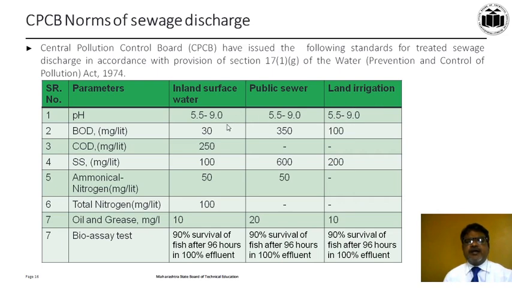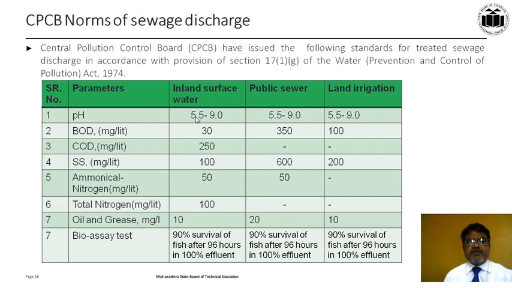What should be the permissible limit of the parameters given in this table? So pH should be in the range 5.5 to 9 for inland surface water, public sewer and land irrigation. Then BOD in mg per liter or ppm.